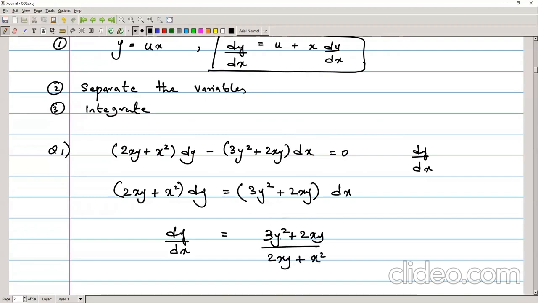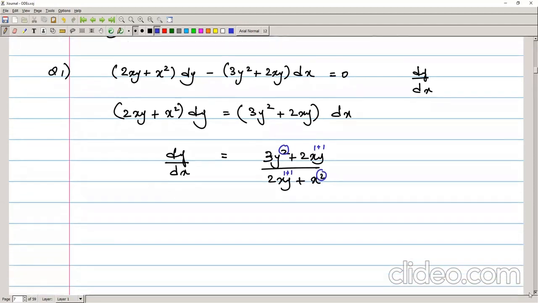Now we can see here that the powers are the same. Here it's 2, here is also 1 and 1, which means 2. Here is also 1 plus 1, which means 2, and here it's also 2. So it's a homogeneous equation.